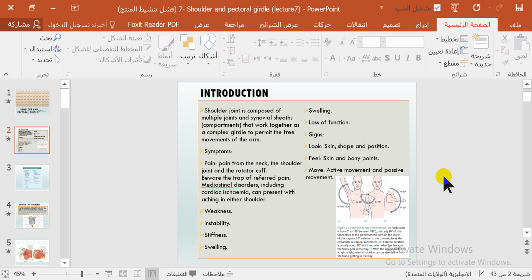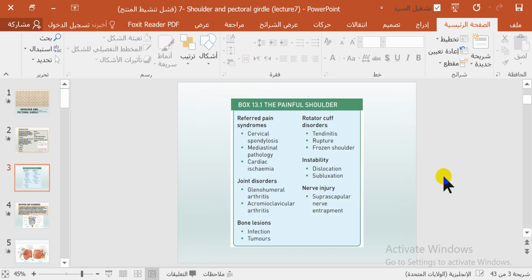Then move: active movement and passive movement, and see or measure the range of movement and the full range of movement, including abduction, adduction, flexion, extension, internal and external rotation, and the other movement called circumduction, which includes all these movements together, like when swimming, when a patient can move the upper limb around in front of the body in all directions.